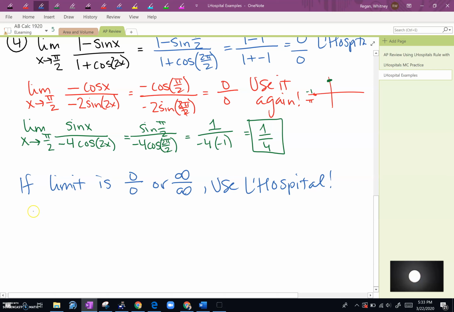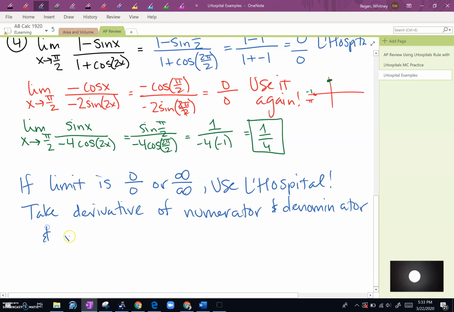What that means is essentially take the derivative of the numerator and denominator and redo the limit. Sometimes do it again. So you'll need to do it more than once.